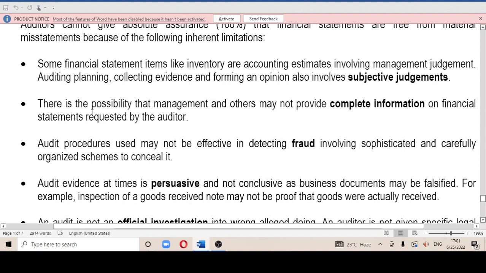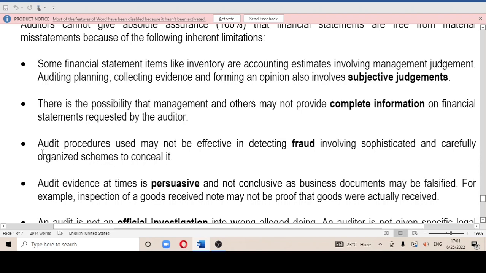They're saying there is the possibility that management and others may not provide complete information on financial statements requested by the auditor. You would find that the figure for property does not include all that is supposed to be identified as property. So certain things are left out, hence giving incomplete information.